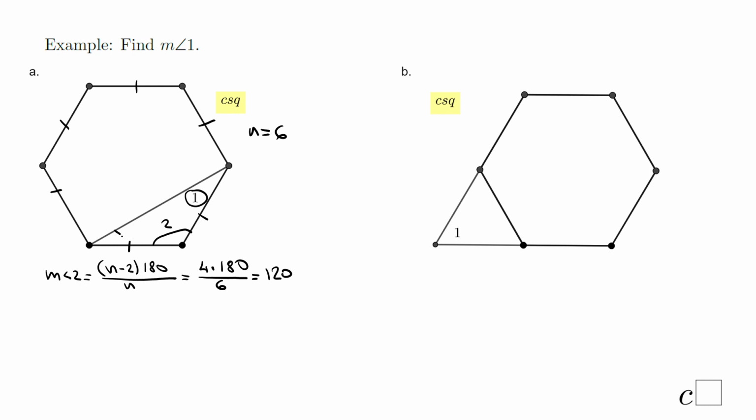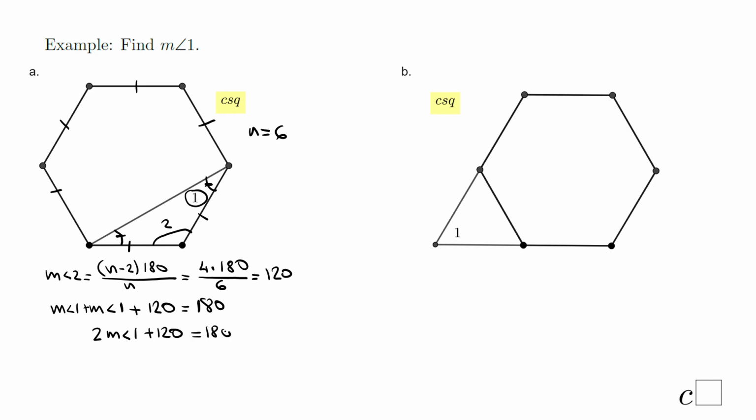And this angle here is going to be the same as this angle 1. Why? Because this is an isosceles triangle. These two sides are equal. So I'm going to have the measure of angle 1 plus the measure of angle 1 plus that angle 2, which is 120, equals 180, because that is a triangle. So we're going to have twice the measure of angle 1 plus 120 equals 180.